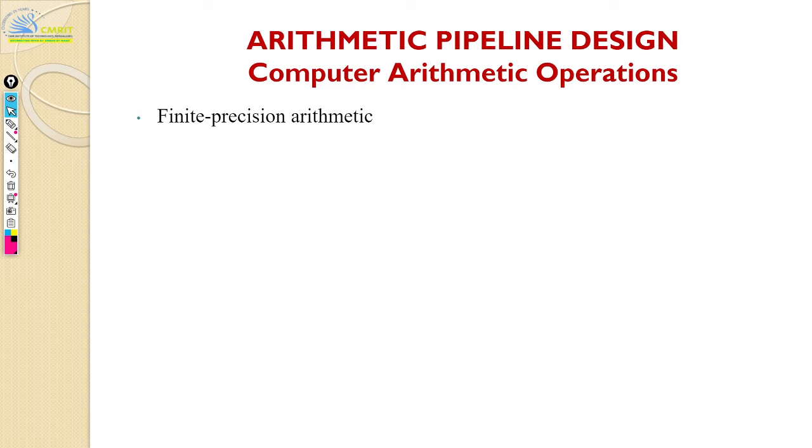In a computer we cannot afford infinite decimal precision. We have to stop at some point because we are limited by the hardware. If it's a 64-bit register, we can only reserve 64 bits to represent the decimals.